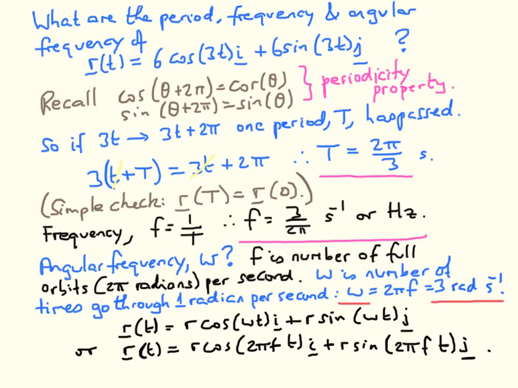And if we do that, what we see is that if t is 1 over f, then they will cancel.